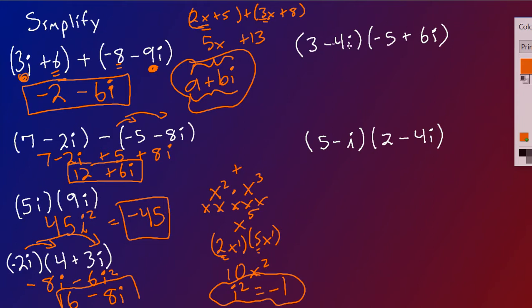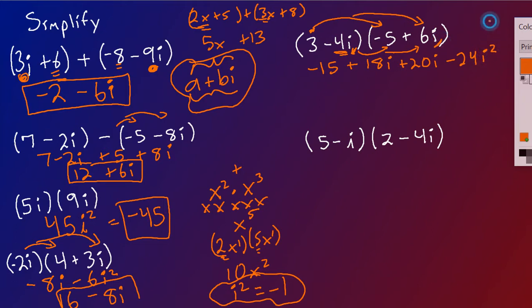So this distributes just like if it was real numbers. So this 3 goes to both of these, and I get negative 15 plus 18i. And then this negative 4i, take the sign with it, goes to each of these. So I get plus 20i minus, now negative 4 times 6 is negative 24, and i times i is i squared.